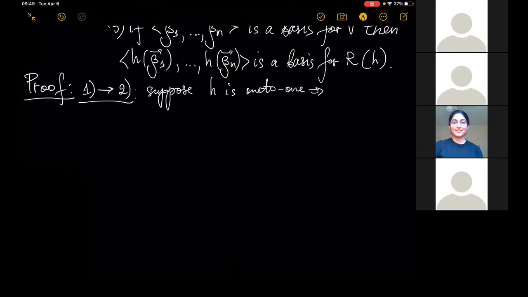Correspondingly, there exists an inverse map which starts from the range of H and maps back to the original vector space. Let me remind you what it is.